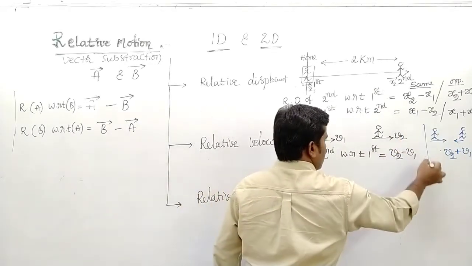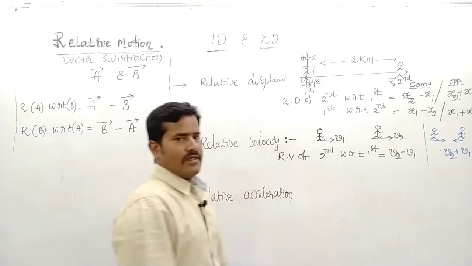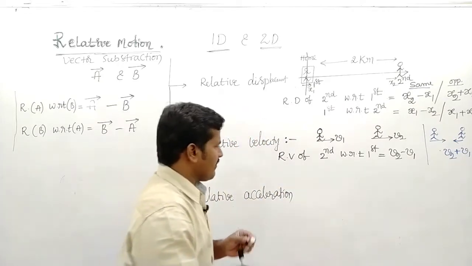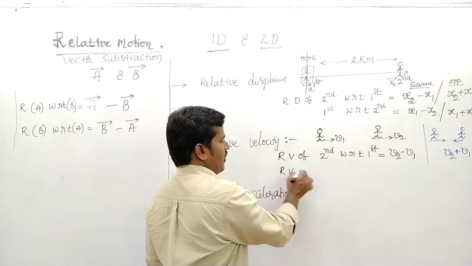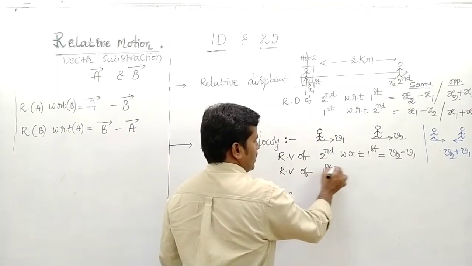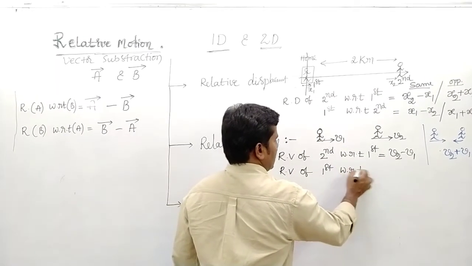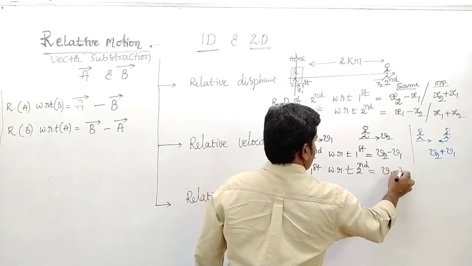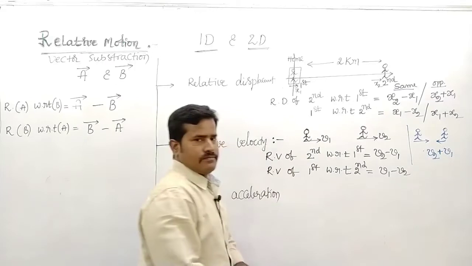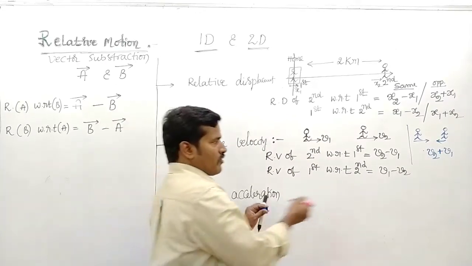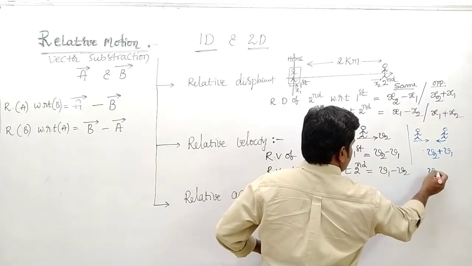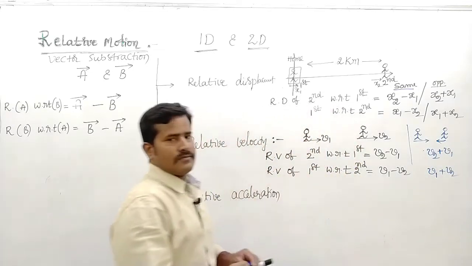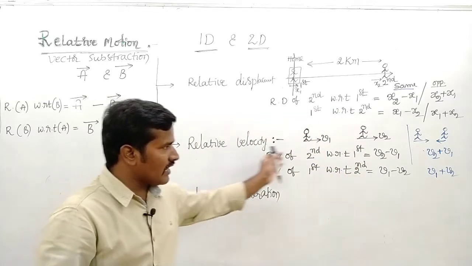In the same direction, v2 minus v1. Similarly, the relative velocity of first person with respect to second becomes v1 minus v2. If in opposite direction, it is written as v1 plus v2. So this is relative velocity.